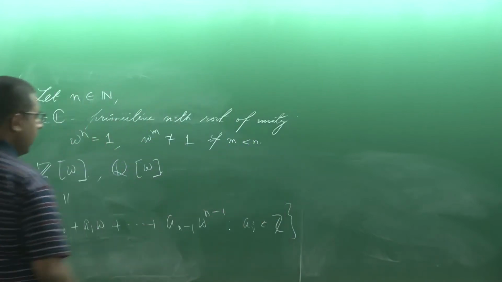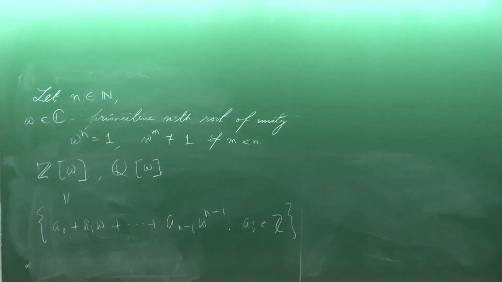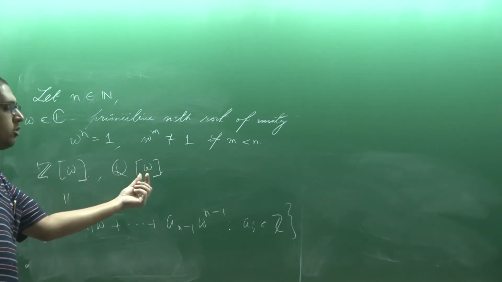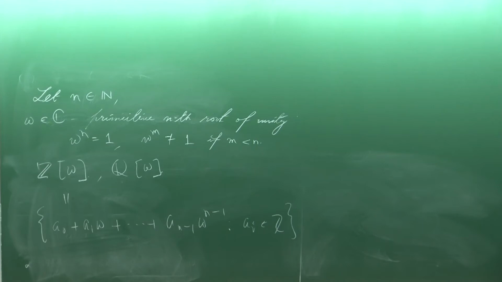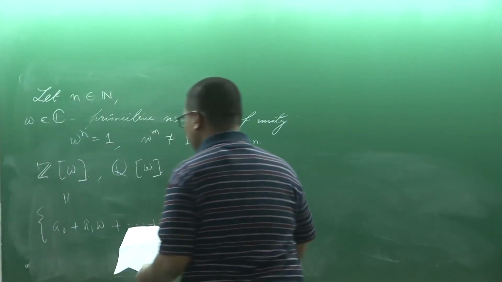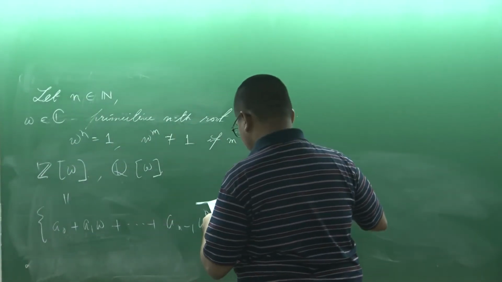Similarly, for this one each a_i will be from Q. So, these are special cases of this. All that we are actually considering is an element from the bigger ring which is integral over the smaller ring. As soon as we have that, then we immediately obtain a ring, okay. All right.